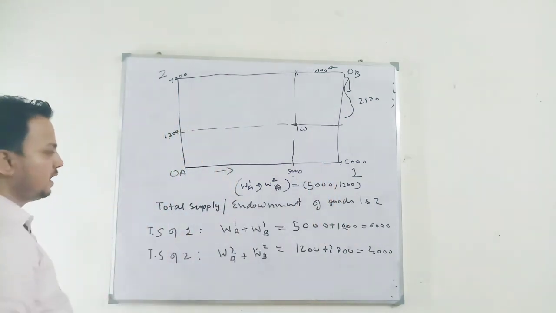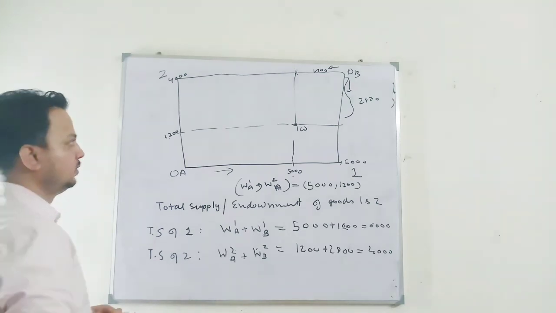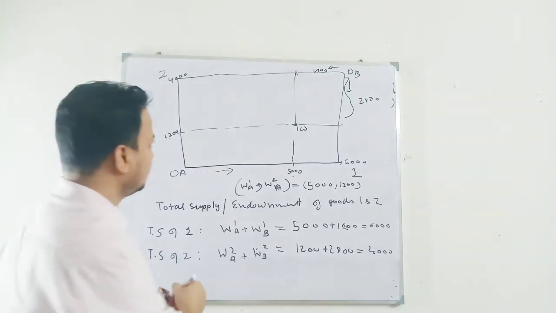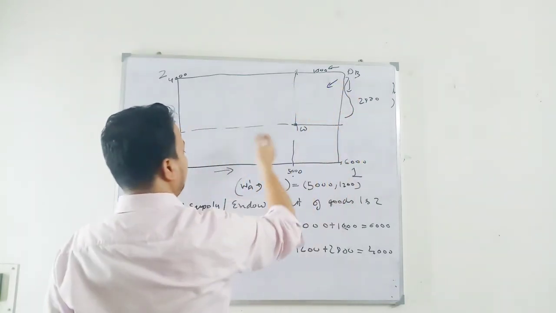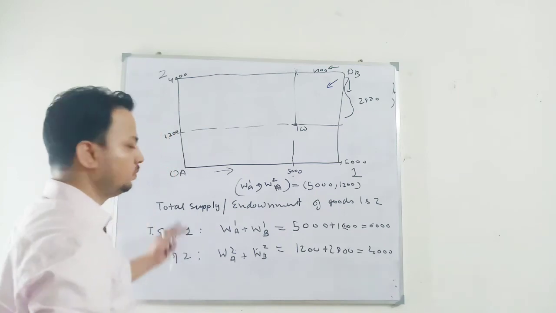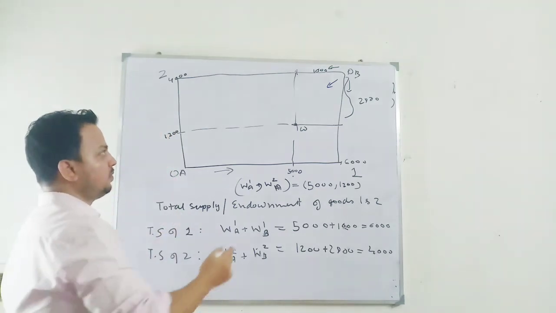So this is the type of question they ask you to do. Now the preference will be in this direction. I ask you to draw the Edgeworth box for the following graph and show the preference.